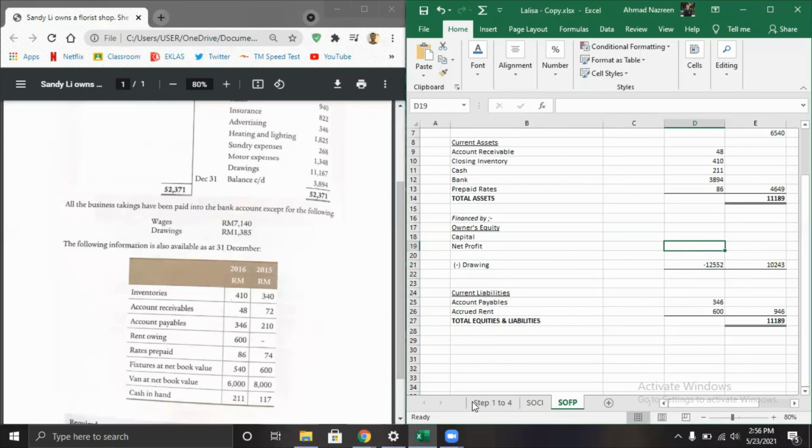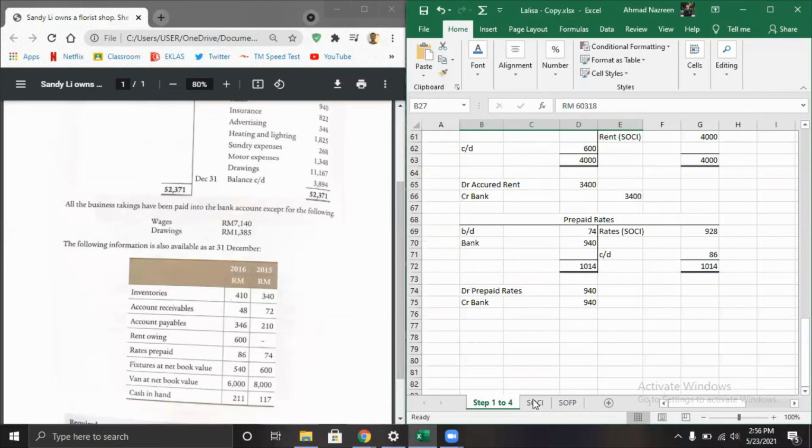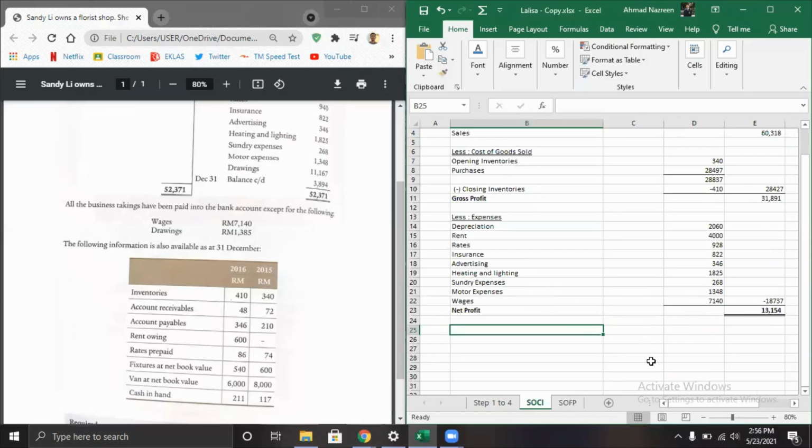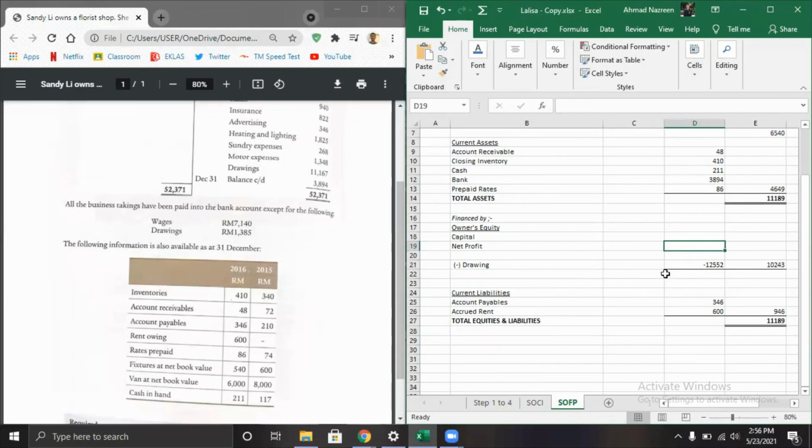So the net profit is 13,154. So how do we find the capital? What must we do?